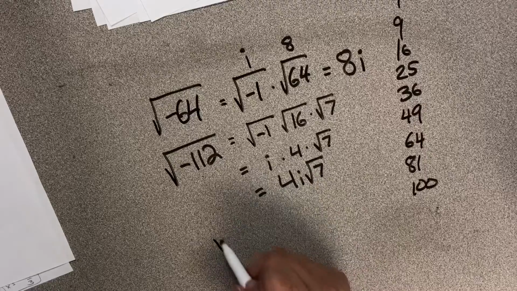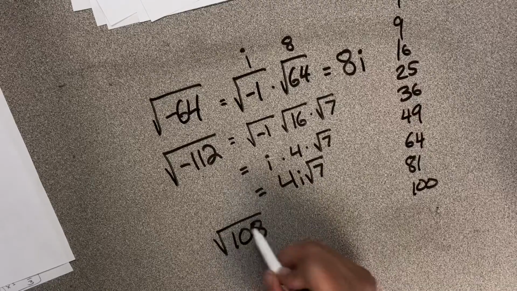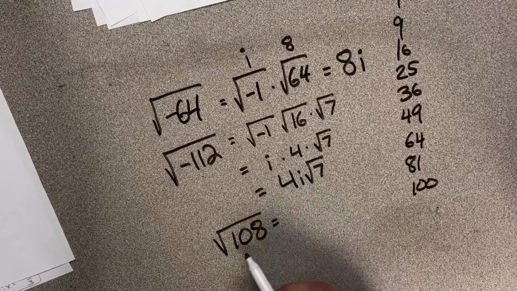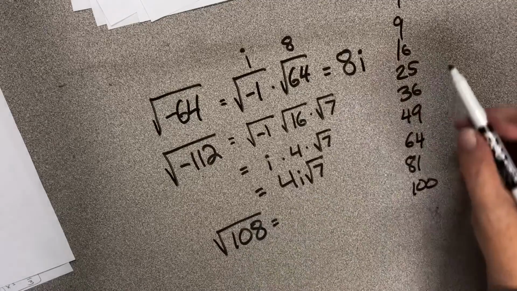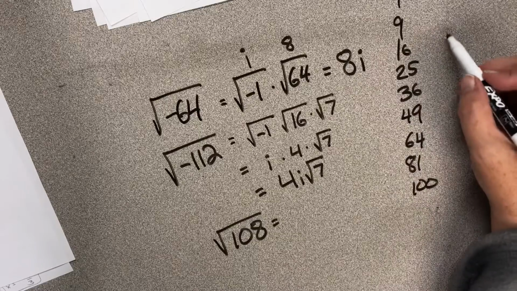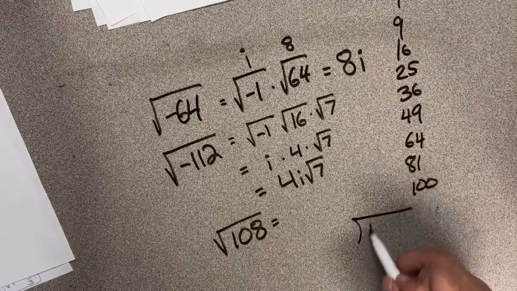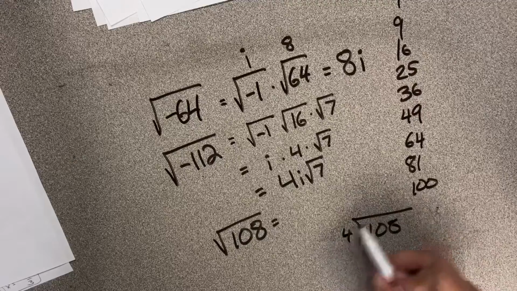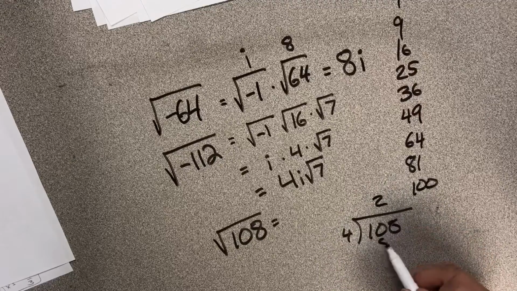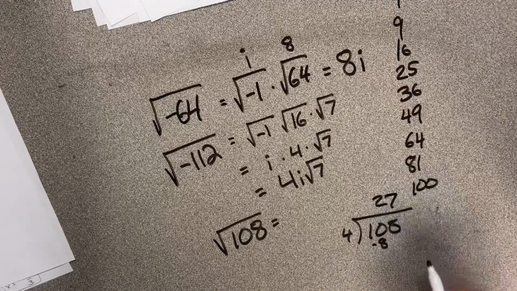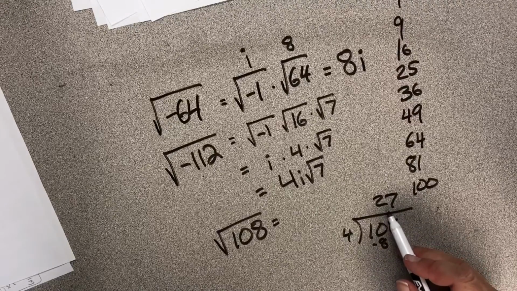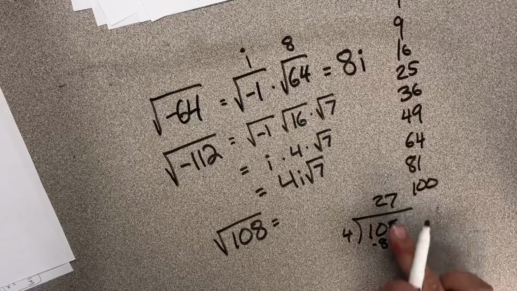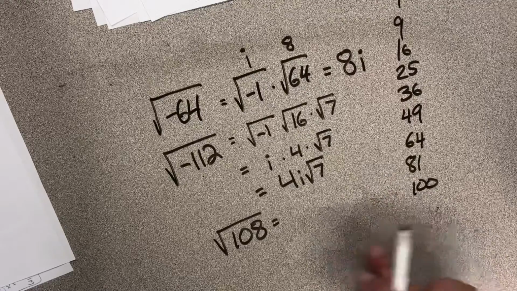Square root of 108. I'm going to look for any perfect squares in there. 4 does go into 108. In fact, 4 goes in 27 times. And you know what I notice about 27? 27 can be split down some more. So let me show you a slightly different way to handle this one.